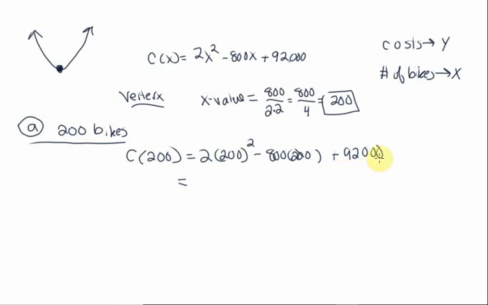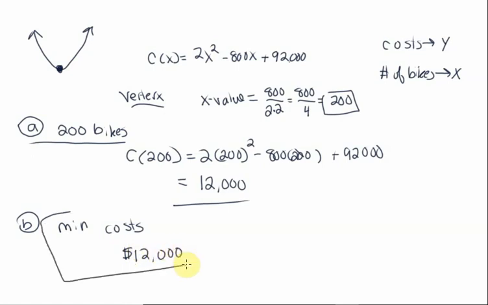And my calculator tells me that the minimum cost to make this many bicycles is 12,000. Awesome. Now what are the units going to be on that? Make sure we do include units. Cost is money, right? So the minimum cost will be $12,000.